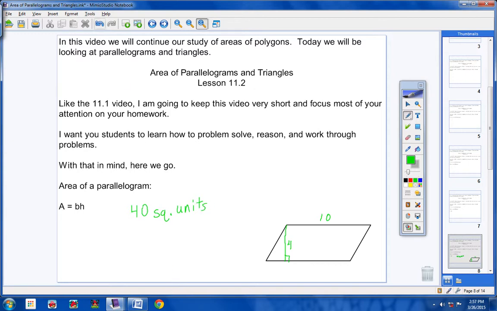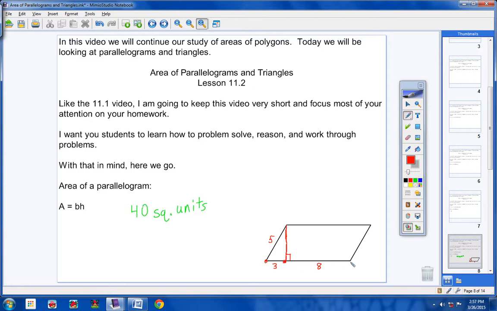So there we go. Now students, let's take this a step further, okay? What if I had, and you do not have to write this down if you don't want to, I'm not going to work the whole problem out, but I might give you a height like this and tell you that the segment from here to here is 3, and this segment right here is 5, and this segment from here to here is 8.